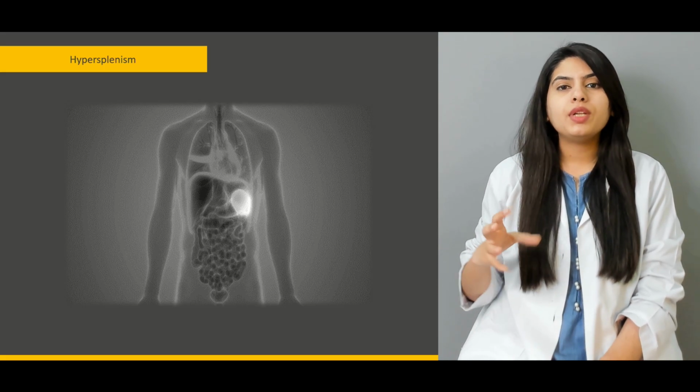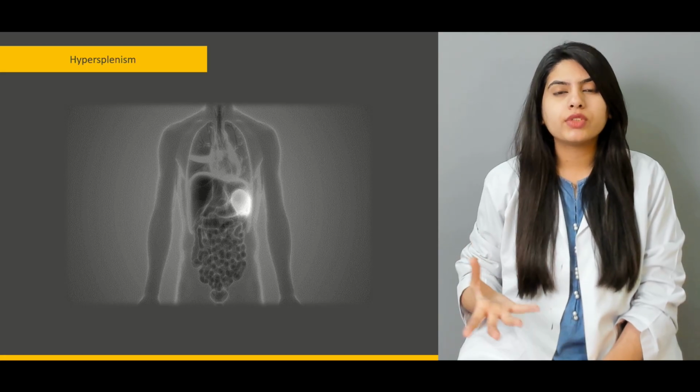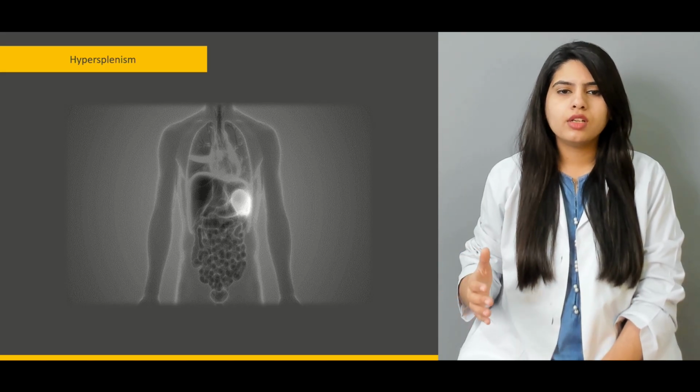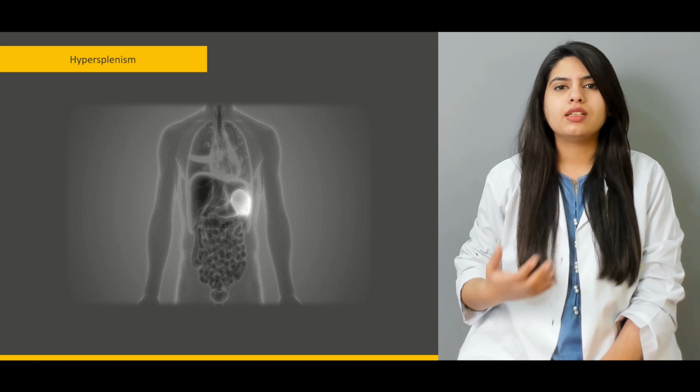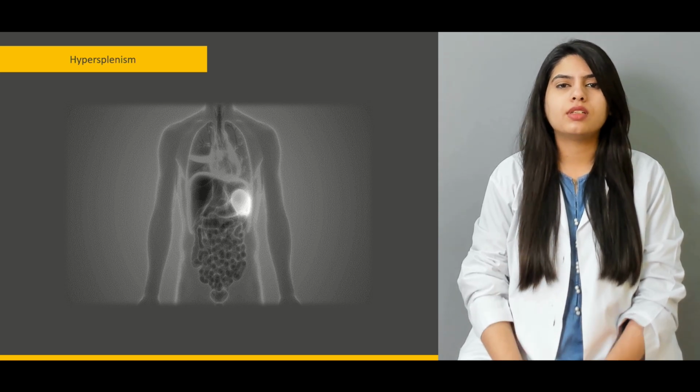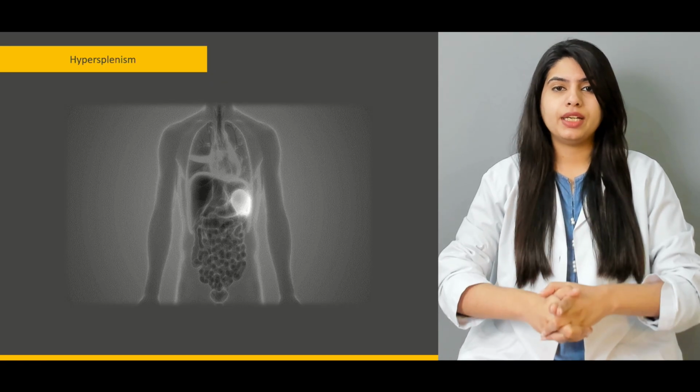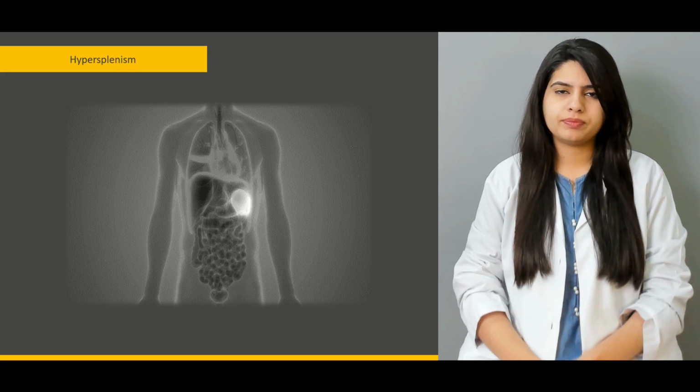So what will happen is that there will be pooling of the blood, and the transit of the erythrocyte is basically blocked. So that's why it may lead to stress, and it may lead to hemolysis, and that's why the patient may suffer from hemolytic anemia.